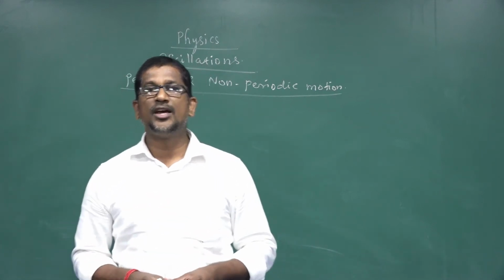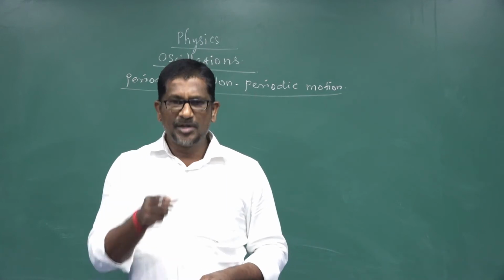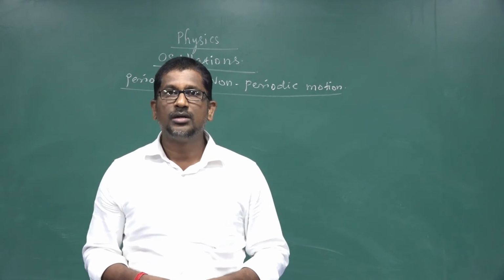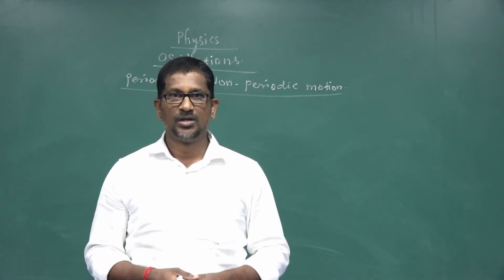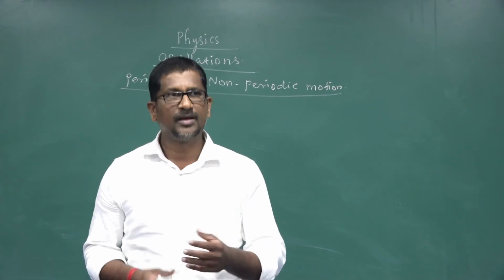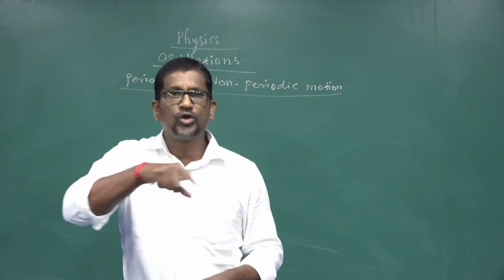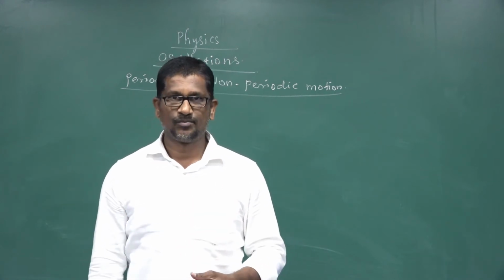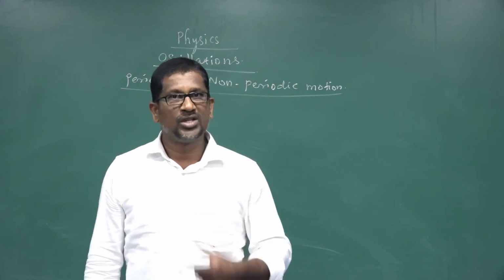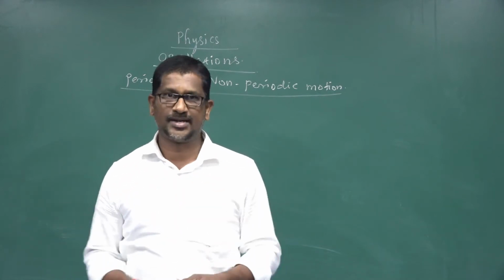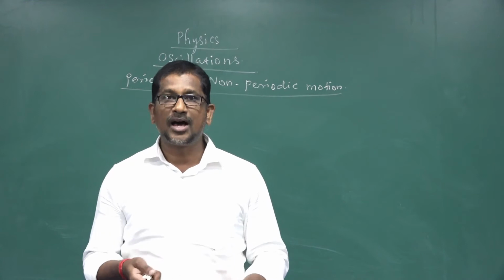And what is meant by rotational motion? If the motion of the particle is along a circular path, then it is called rotational motion. The rotational motion is also called circular motion. Example, the revolution of an electron around the nucleus, or the revolution of planets around the sun.